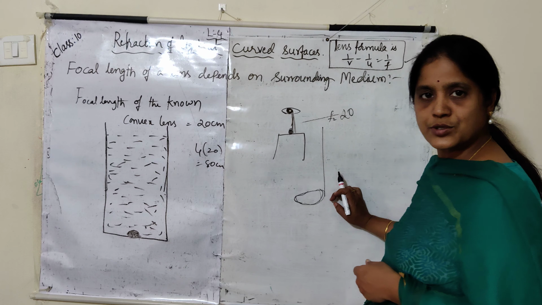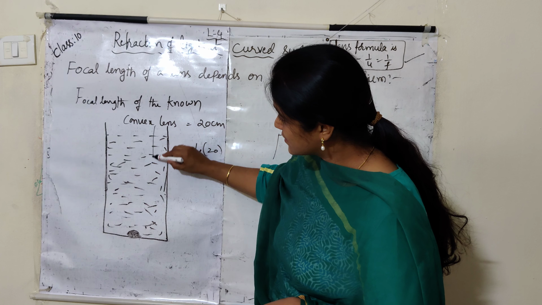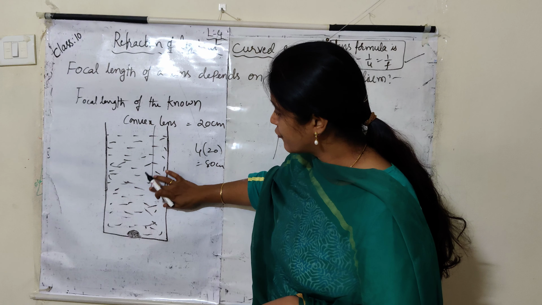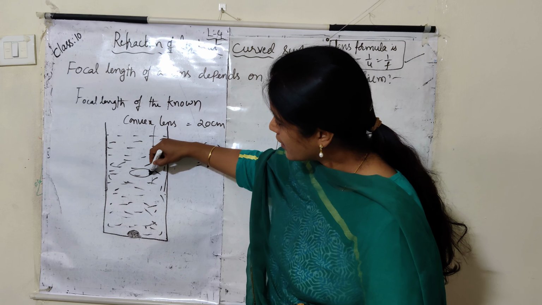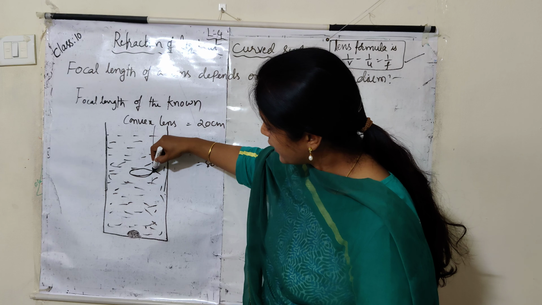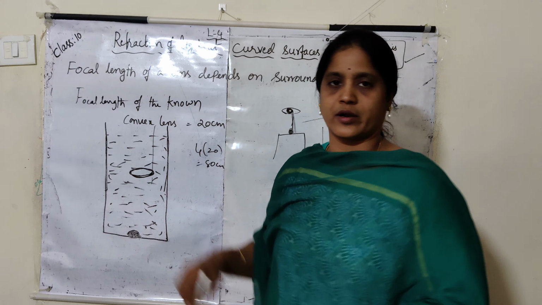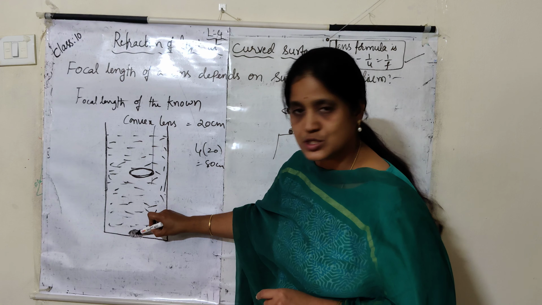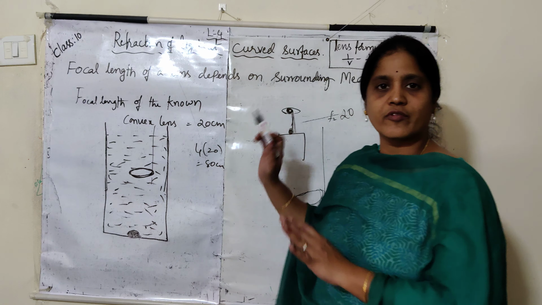By using this lens holder, place the lens in the water and find where you can find the image of this stone in the water using the same convex lens.